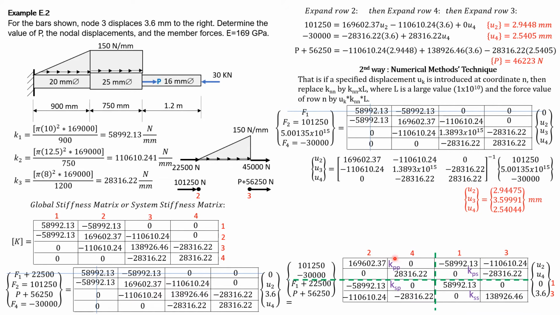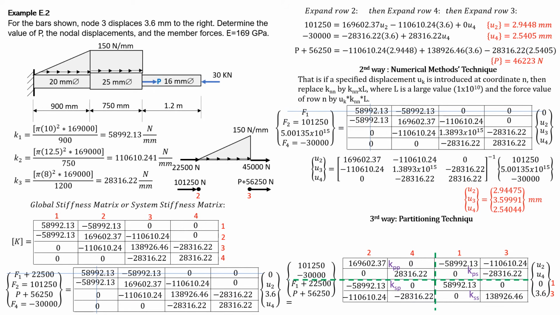Then I will call this square matrix KPP in general. Then this one is KPS, this 2 by 2 matrix. This 2 by 2 matrix below the partitioning is KSP, and this is called KSS. So let's generalize the equation by expanding.